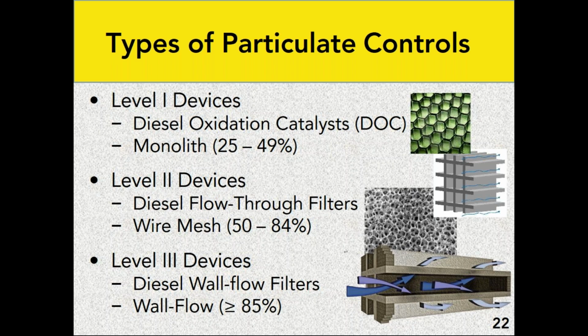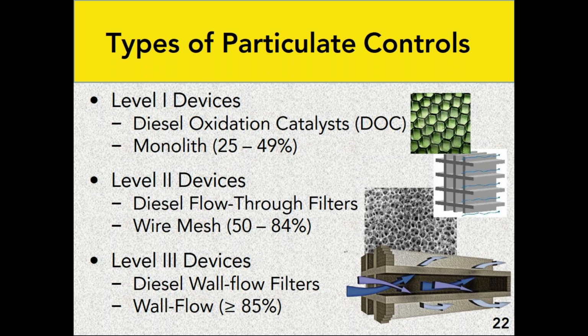Particulate matter is nothing more than solid hydrocarbon. As hydrocarbons go through these devices, they react in the presence of a catalyst and are oxidized to mainly carbon dioxide, water, and nitrogen gas.